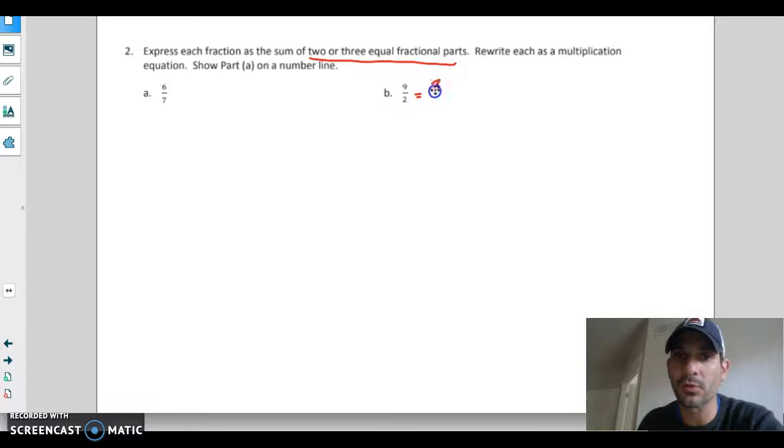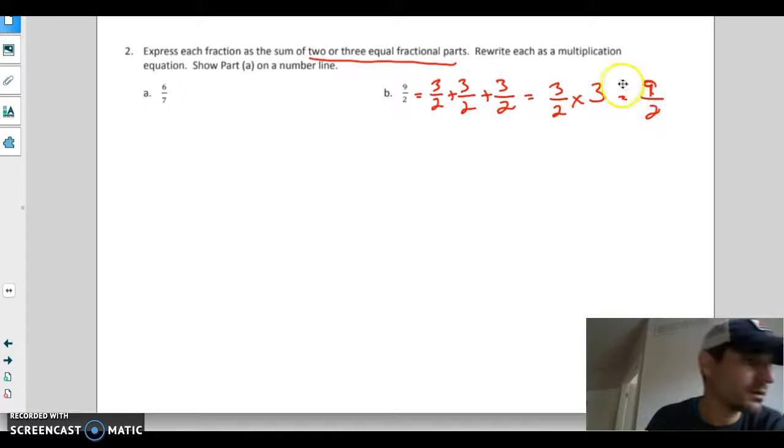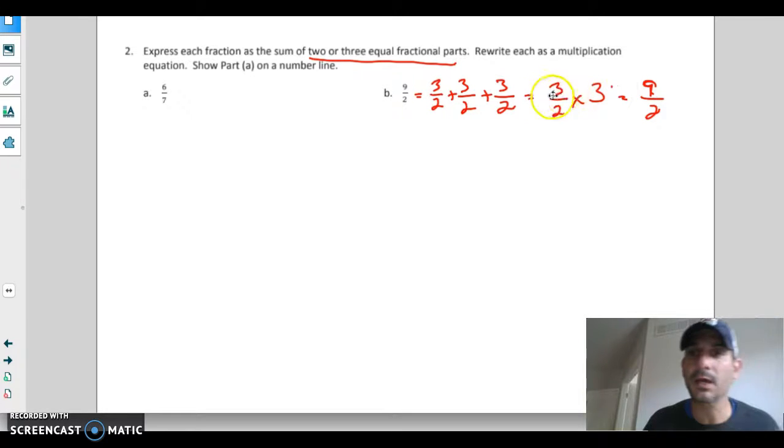So I can do 3 over 2 plus 3 over 2 plus 3 over 2. Because 3 plus 3 plus 3 is 9, and the denominator stays the same. Now if I want to write that as a multiplication problem, I would write it as 3 over 2 times 3, which would equal 9 over 2. Okay? Yeah, I got that right.